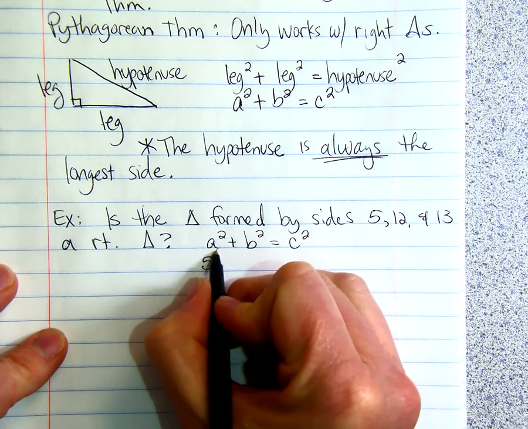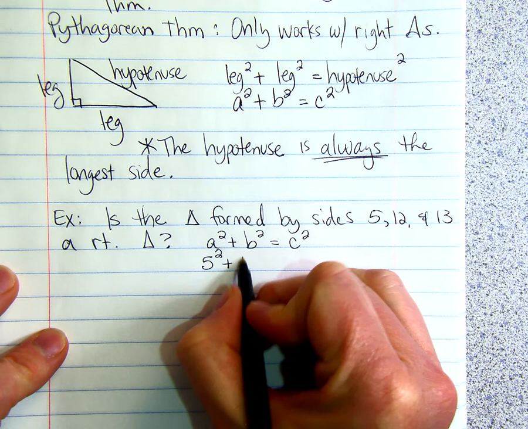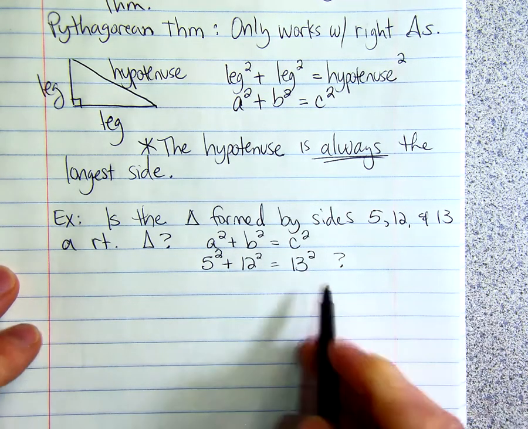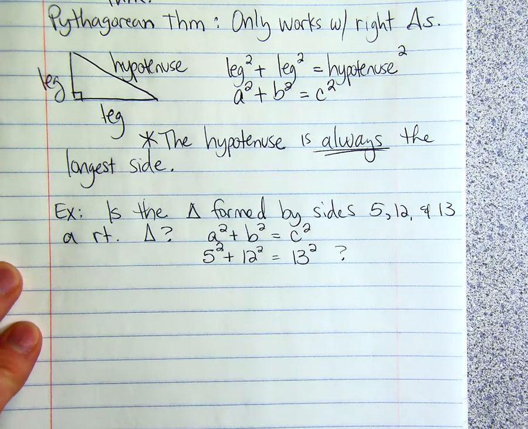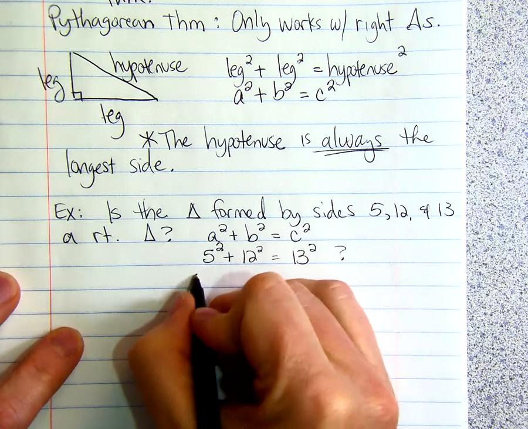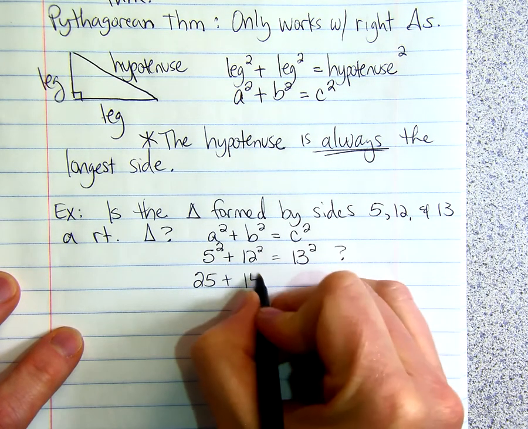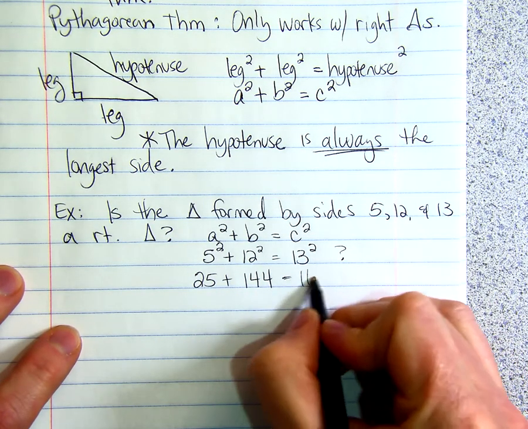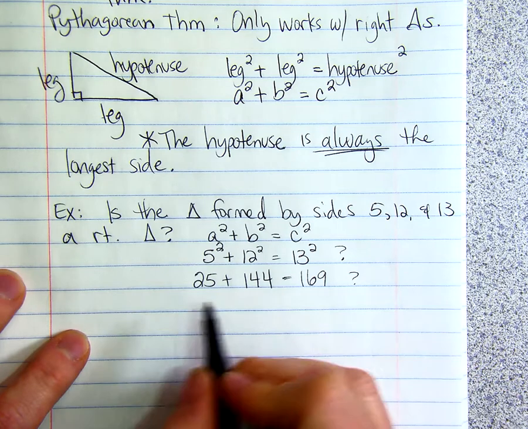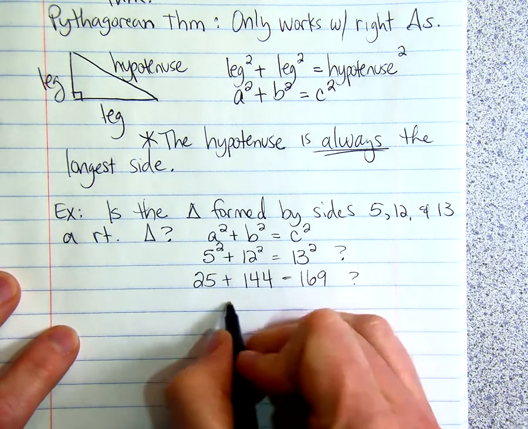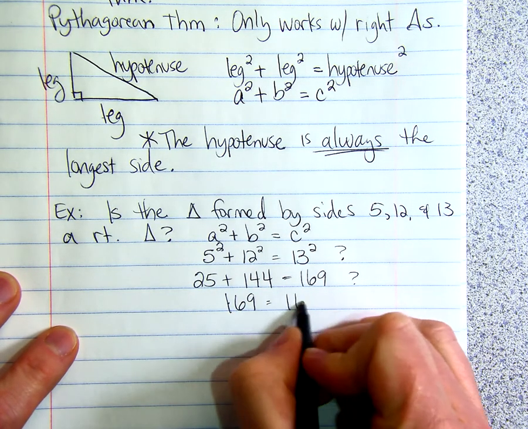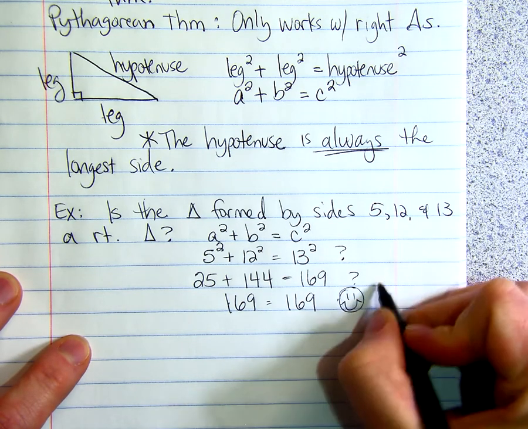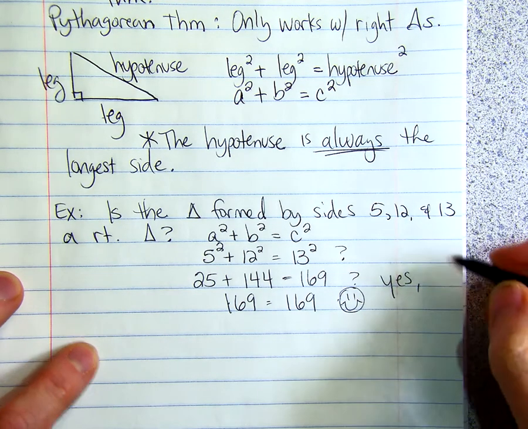So we want to know, does 5 squared plus 12 squared equal 13 squared? That's what we're looking for. Does this work? So we have 25 plus 144. Does that equal 169? When we add 25 and 144, we get 169 equals 169. So yes, it is a right triangle.